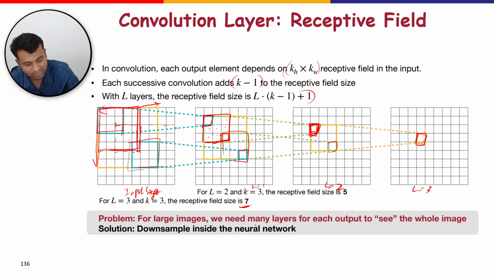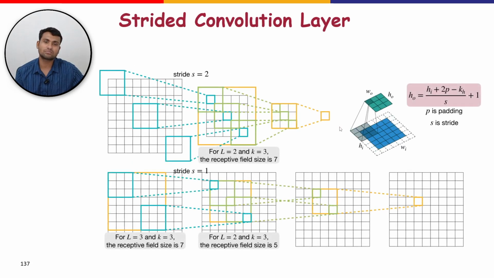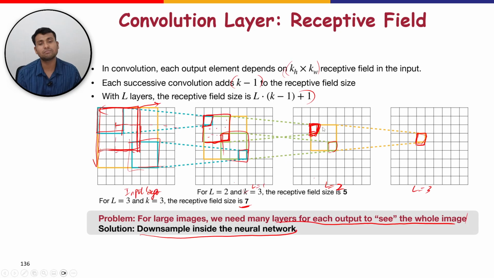So for large images, we need many layers to see the whole image. That's why we have to go deeper and deeper, and that's why you see such deep neural networks. So one solution is to downsample inside the neural network: how to downsample the image so that you increase the receptive field size without increasing too many layers, because you just cannot go on increasing the layers.